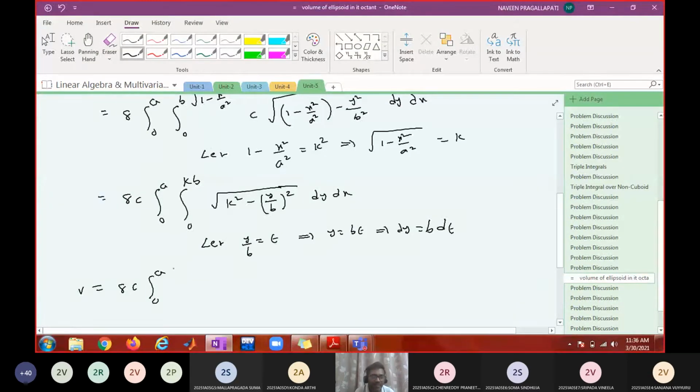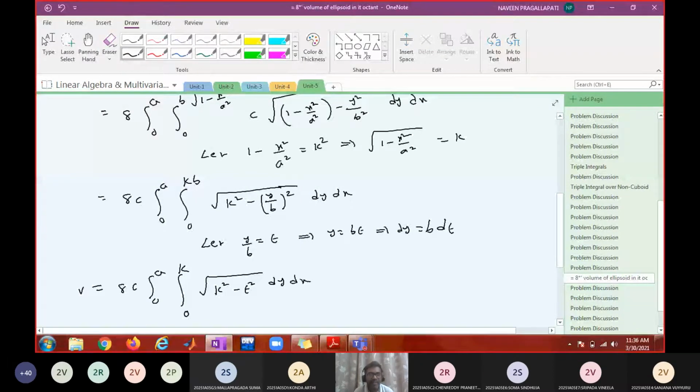Okay, so integration from 0, and when y equal to kb, then t will be k. Do you agree? Then this is going to be root of k square minus t square dy dx.